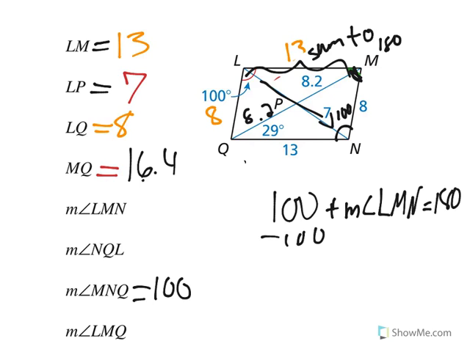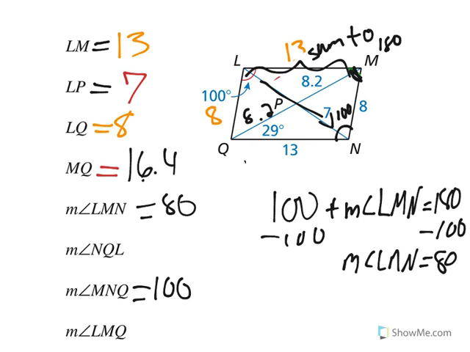So if I subtract 100, the measure of LMN is equal to 80. Then I need NQL. NQL is the opposite of that angle, so it's going to be congruent with it as well. So we have 80 for it as well.